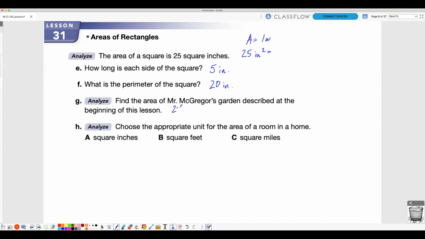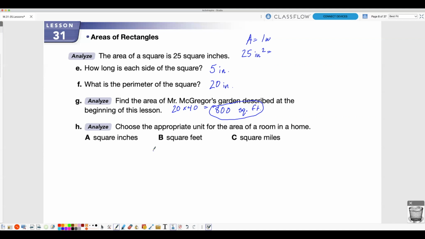So it was a 20 by 40, which means we just need to multiply 20 by 40, and it was feet. So I'm going to say that my label will be square feet for my label. I know what 2 times 4 is 8, and I have 2 zeros on there, so it'd be 800 square feet for the final answer of that.